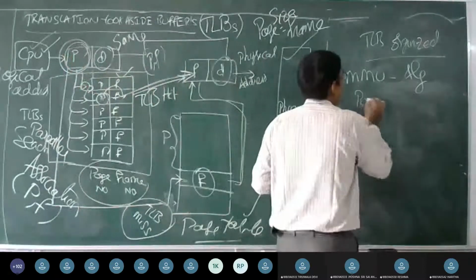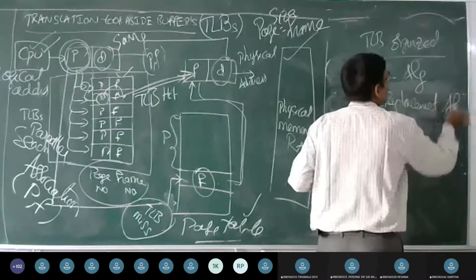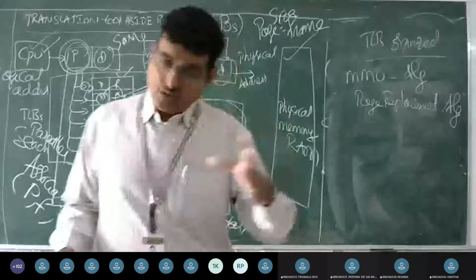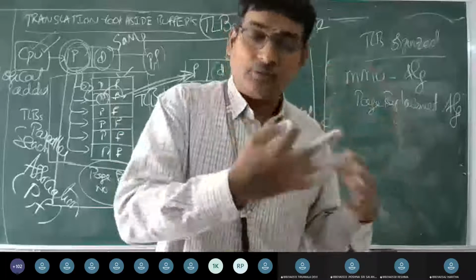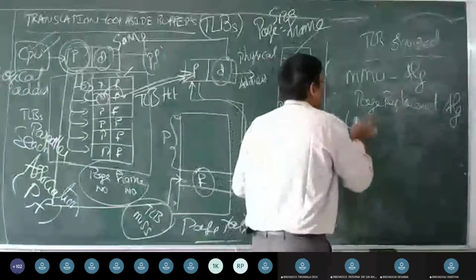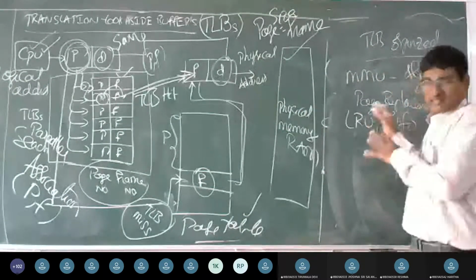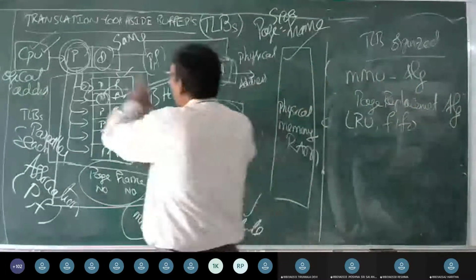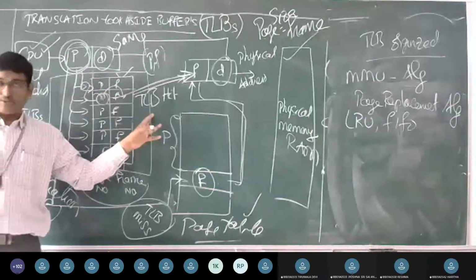We call them page replacement algorithms. We will have a detailed explanation of this topic, and we will have lab experiments for that a couple of classes later. The page replacement algorithms are least recently used and first in, first out. There are some other examples of page replacement algorithms. Using them, new pages are going to be updated, replaced in the TLBs.